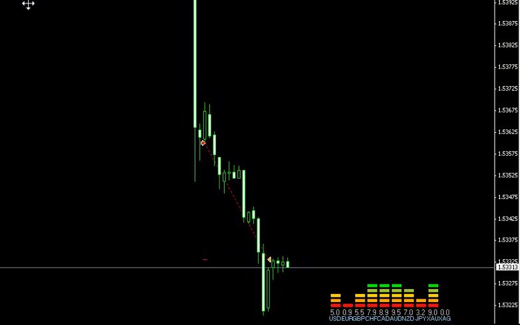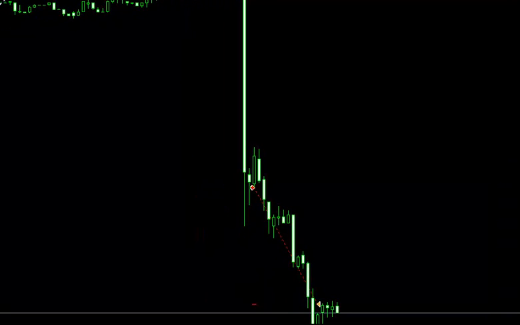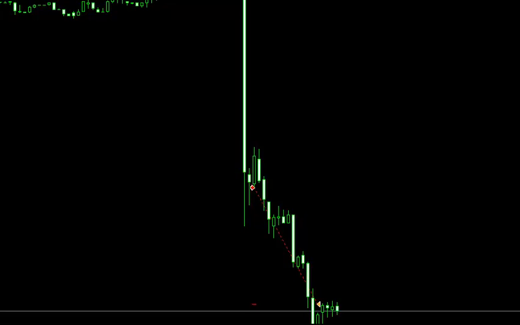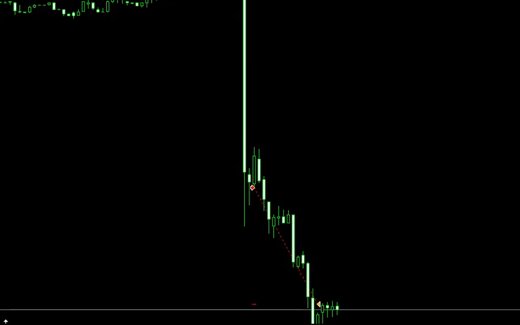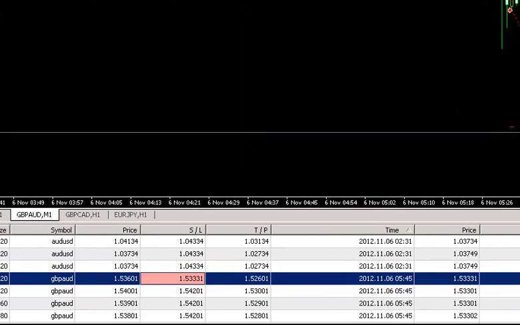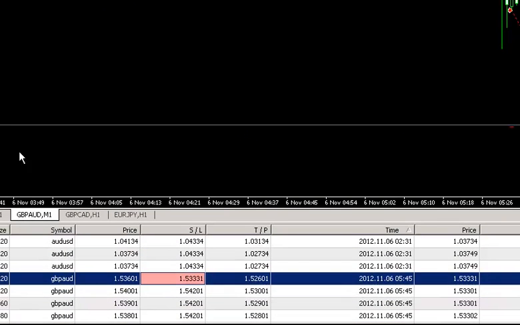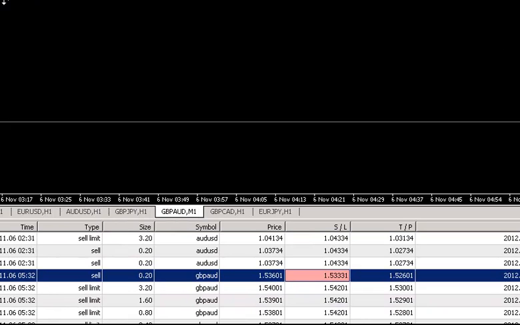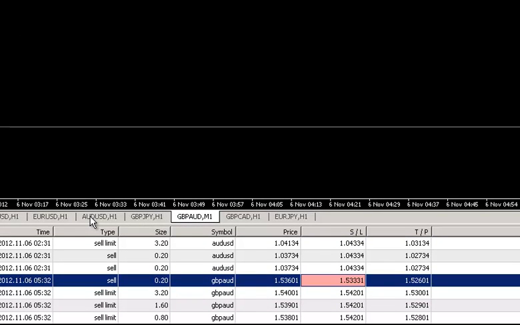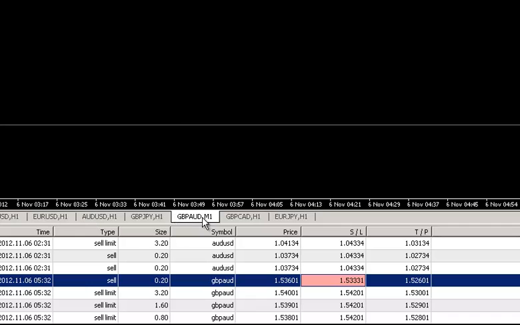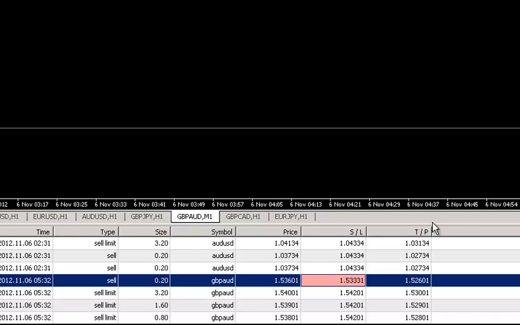In this case, since it was such a strong release, it triggered on, I think, Australian dollar US dollar. It triggered on the ones I had set up. I only had, as you see here, AUDUSD and GBPAUD. I could have had other Aussie pairs up there, but I didn't.